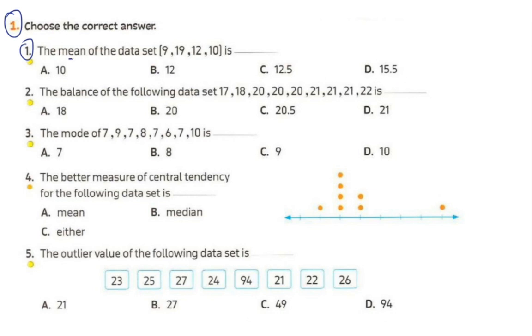Now the question is how to calculate the mean. I know that the mean equals what? It equals the summation of the values over the number of them. So I sum these values. I have 9 plus 19 equals 28, plus 12 plus 10.